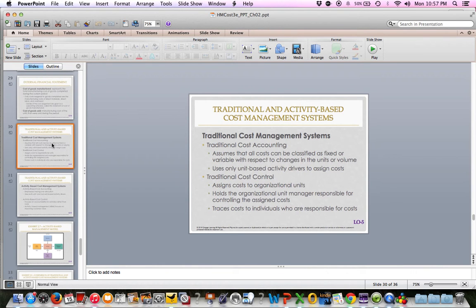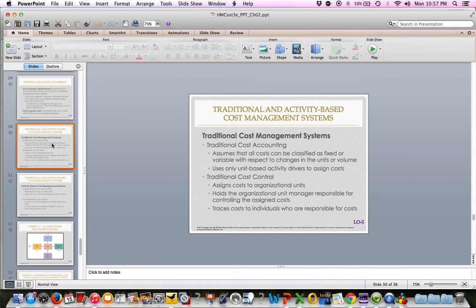Traditional costing assumes that all costs can be classified as fixed or variable with respect to changes in unit or volume. It uses only unit-based activities, so just think of fixed cost versus variable cost. A fixed cost is basically saying no matter what we do, no matter how many units we produce, that cost will never change.